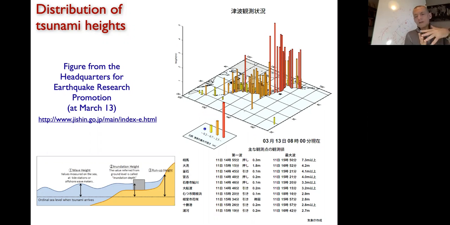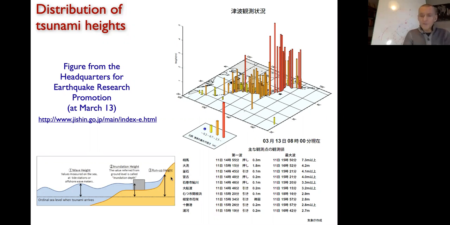Then, when the gravity wave is entering into the land, its entrance will depend, of course, on the local bathymetry. Maybe the coast could be very steep, or it could be very gentle. According to this interaction between the fluid waves, the gravity waves, and the local bathymetry, you can have a different interaction.